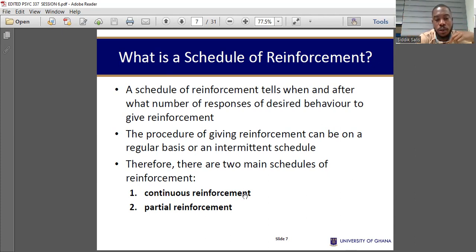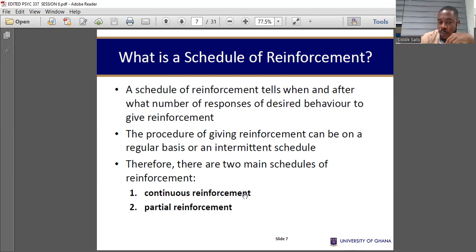So we have continuous reinforcement. What does it mean? Continuous reinforcement has no boundaries, it's not time bound, and it's not about ratio. It's not about doing something a number of times before being given a reward.